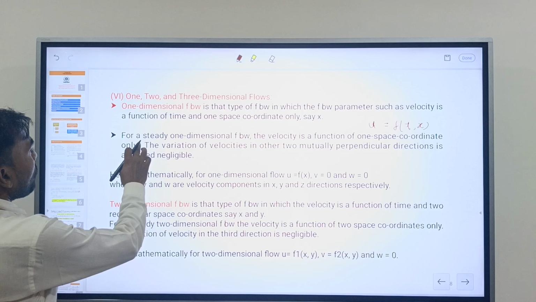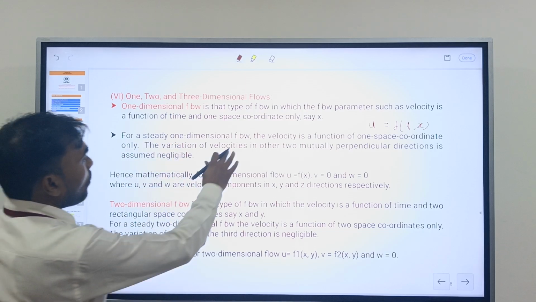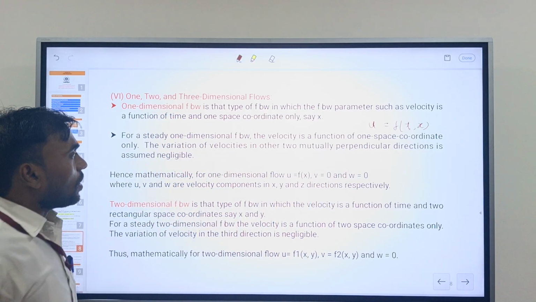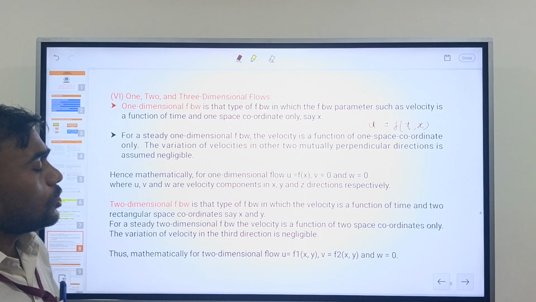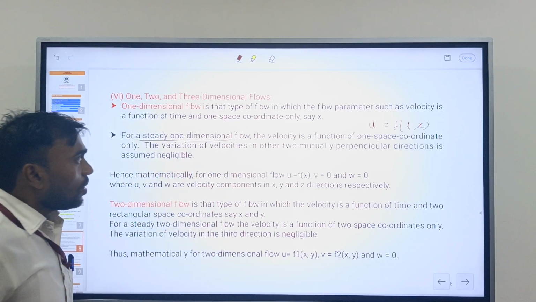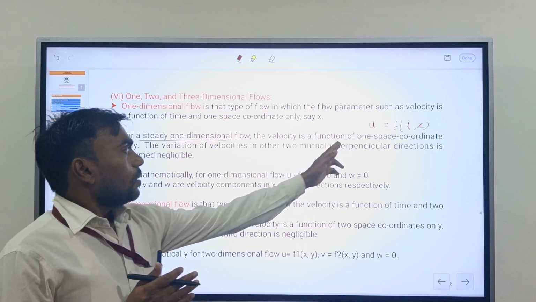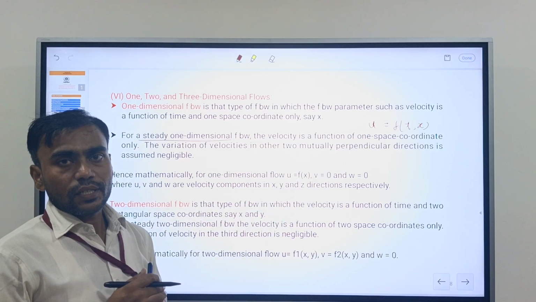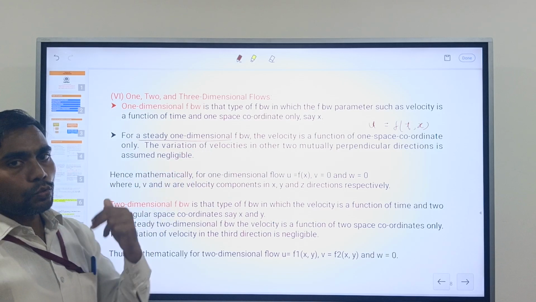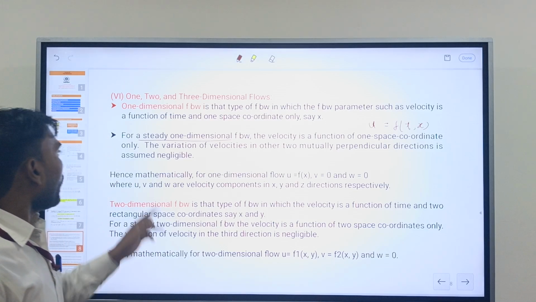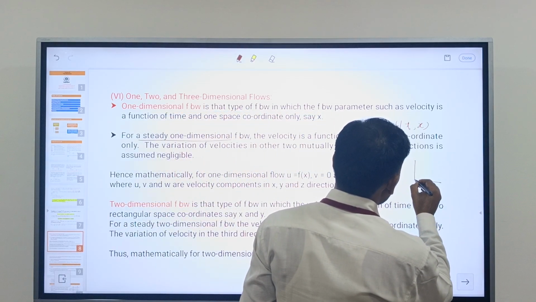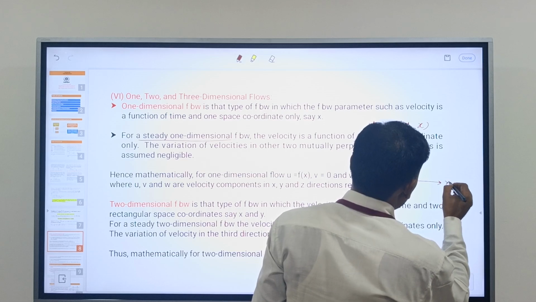Now for studying one dimensional flow, the velocity is a function of one space coordinate only. The variation of velocity in other two mutually perpendicular directions is assumed negligible. Let us consider x in the x direction.